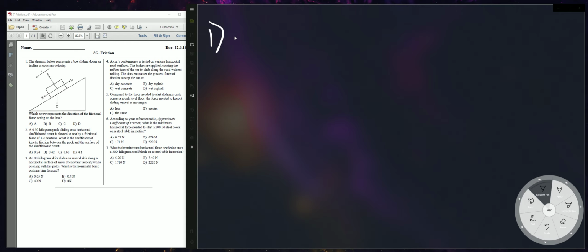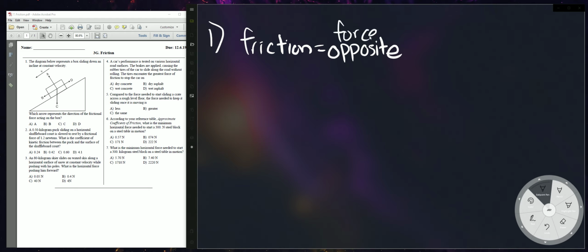Well, the definition of friction is the force opposite the direction of motion.